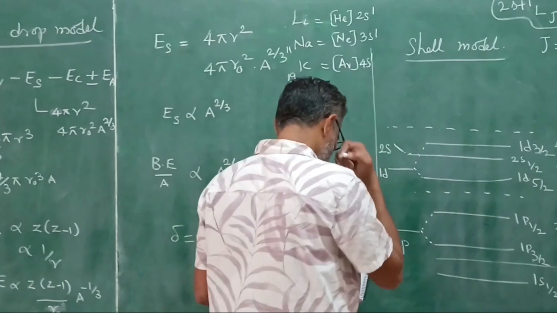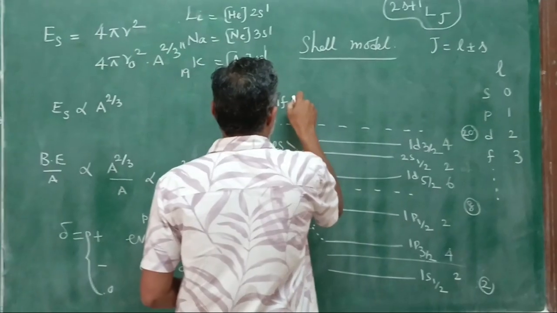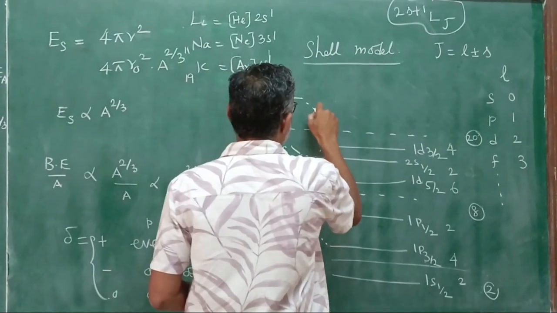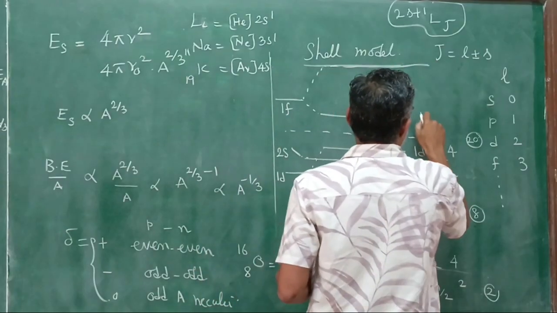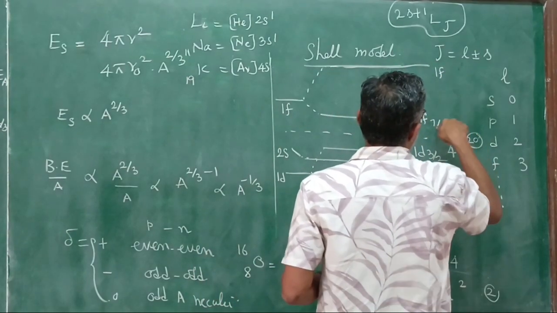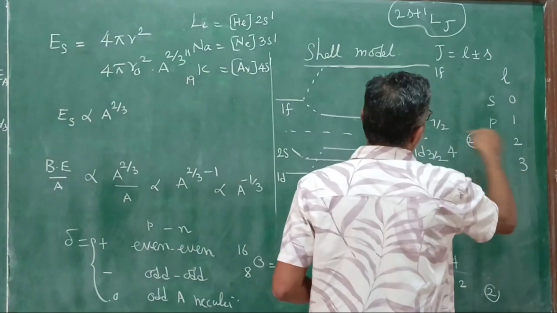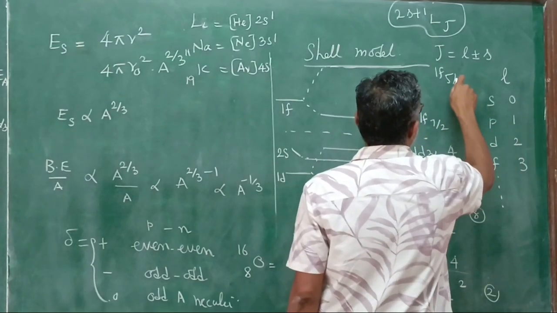Now if you move on, let's say the next one is 1F, where 1F will be split into these: 1F 7 by 2, because F is 3, 3 plus half is 7 by 2, and 3 minus half is 2.5, that is 5 by 2.